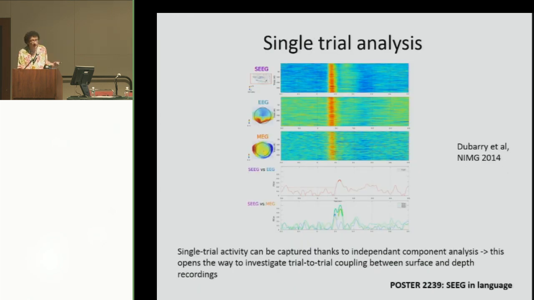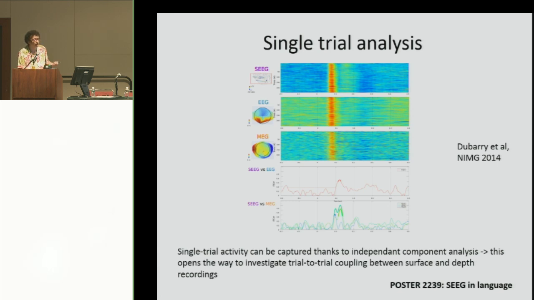To go beyond that, we wanted to test whether we could do single trial analysis, because to really extract all the information from the simultaneous recordings, we want to have them at the level of a single event. This is the raster plot of the three modalities, and very nicely we can see that the visual evoked potential can be seen on the three modalities at the single trial level, and correlations are observed between EEG and SEEG, or MEG and SEEG, at the time of the evoked potential.